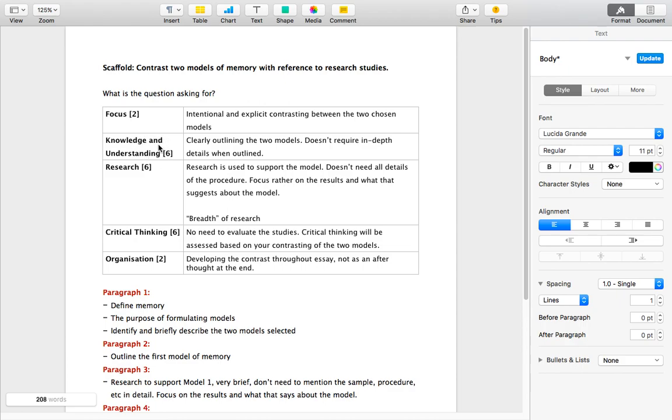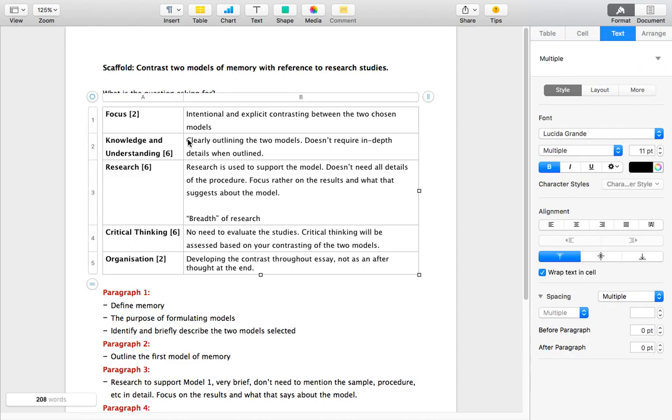So knowledge and understanding: here you are required to clearly outline the two models. Outlining here means that you don't have to go into too much depth. You don't have to describe or explain everything in great detail.